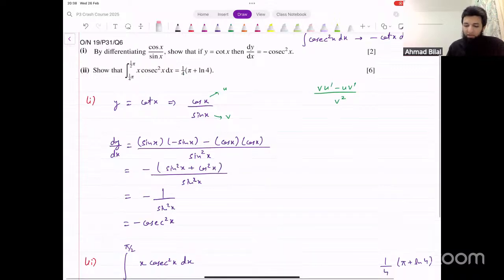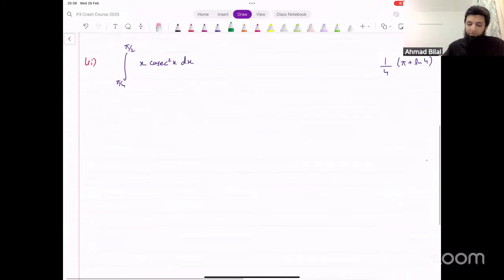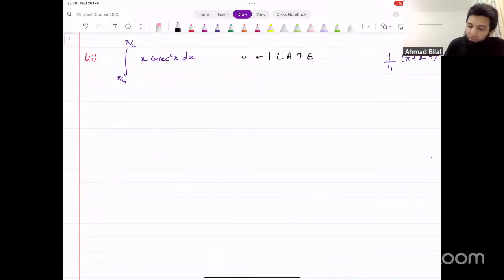How do we use that? We can apply integration by parts in this. Let's use ILATE. This is u, this is v dash. We have an algebraic function and we have a trigonometric function.